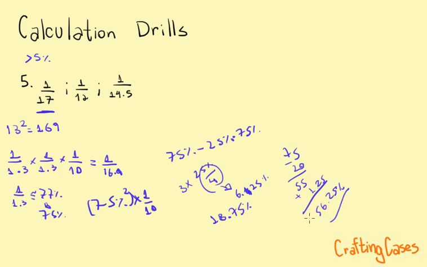Sorry about tilting it all around. I'm going to move back here. So this is 75% squared. And now I want to divide it by 10, and I'll get to 5.625%. And this is my value, an approximate value for 1 over 17. Let's move on to the next one.